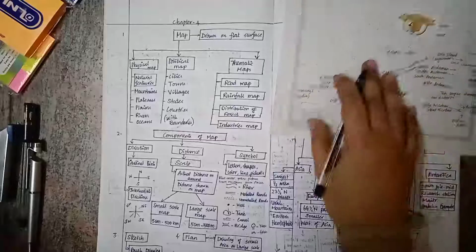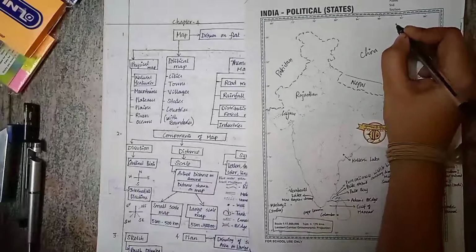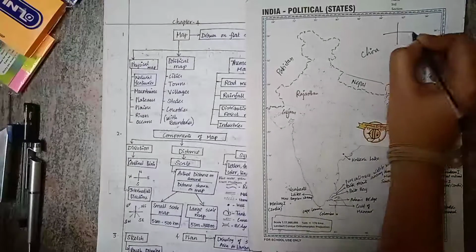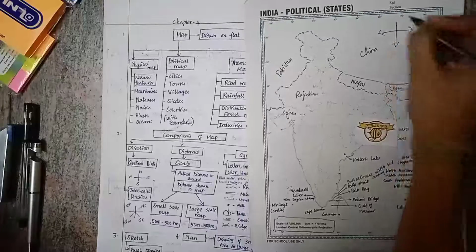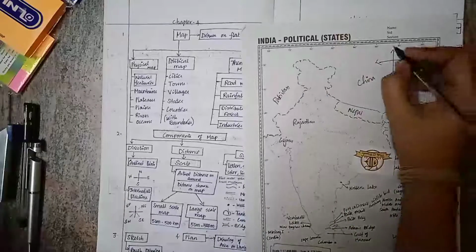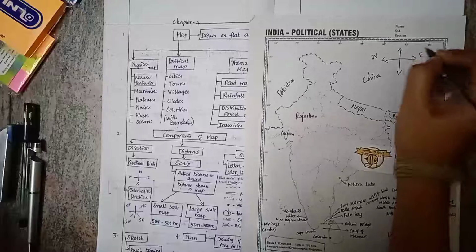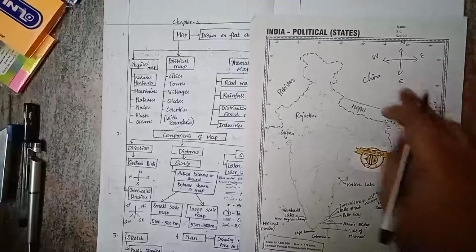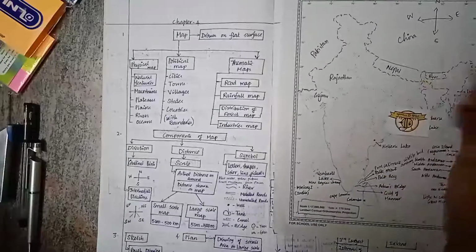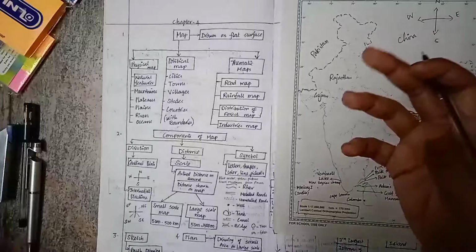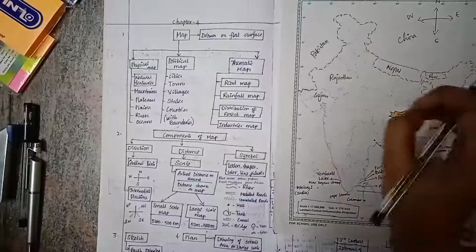And then direction, we have north, south, west, east. This is west, this is east, this is north, this is south. This is also one important component of the map. Then we have symbols. We generally plot some things using symbols.